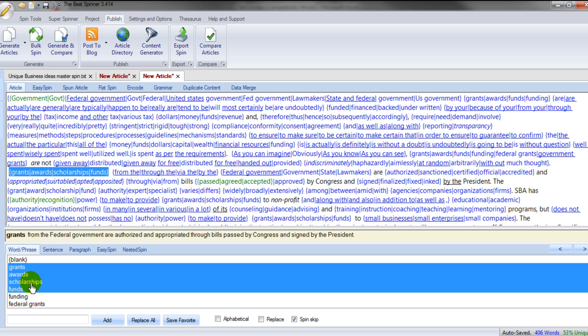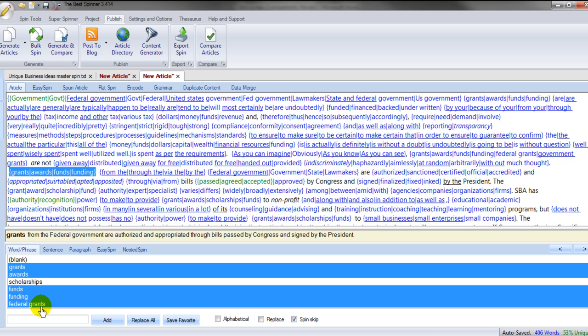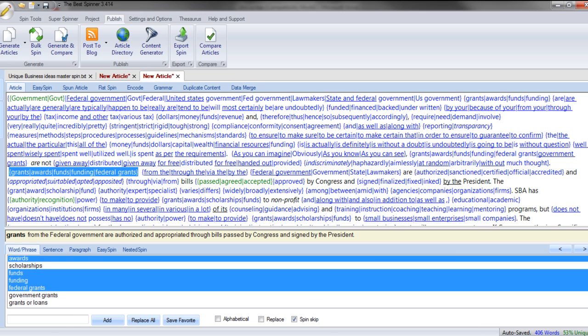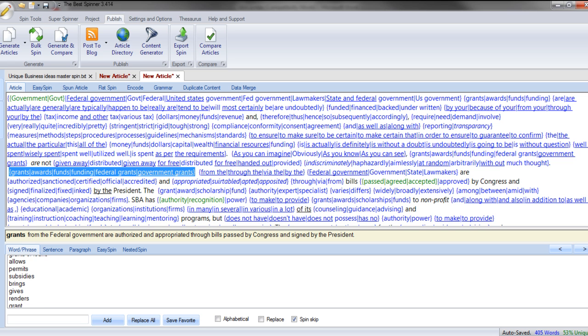So in this context, it may not be scholarships. Yes, we can actually choose funding, federal grants, government grants. It's not subsidies. Subsidies are money given away to purchase something at a lower price. Brings, renders, facilities: all this doesn't make sense here.